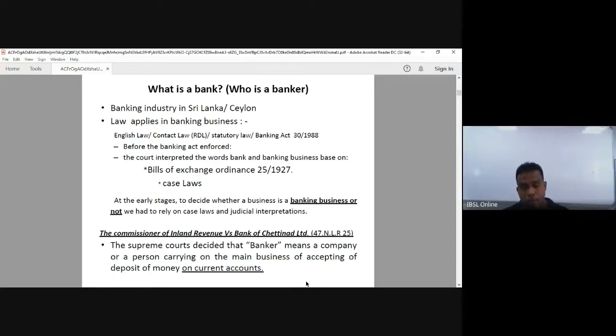So when a matter like this arose in England, how did the English judges decide this type of case? What is the definition given in those English cases for the bank?